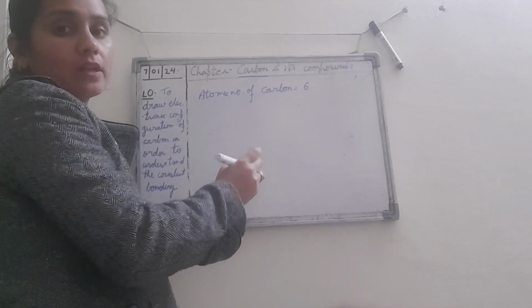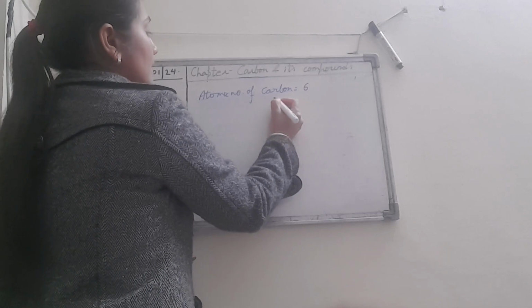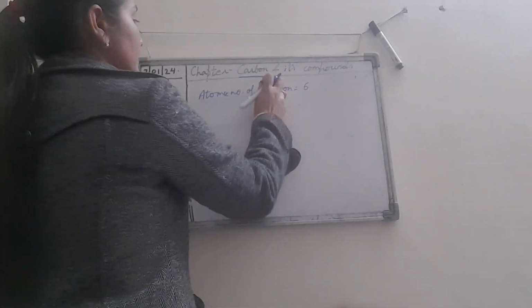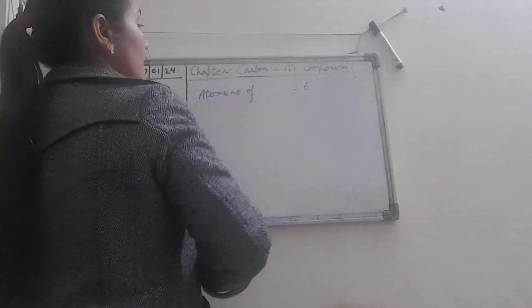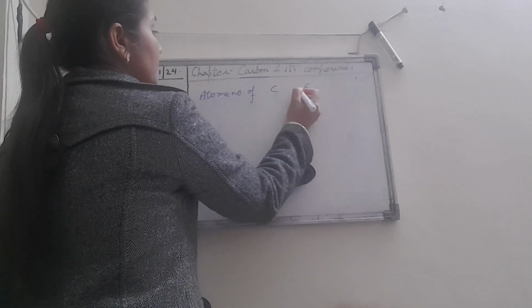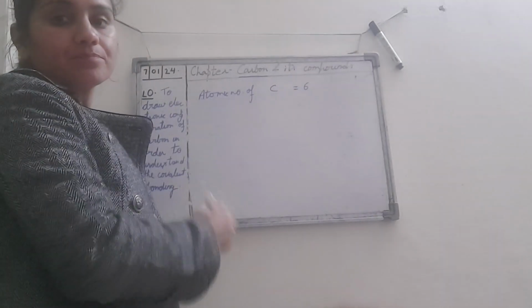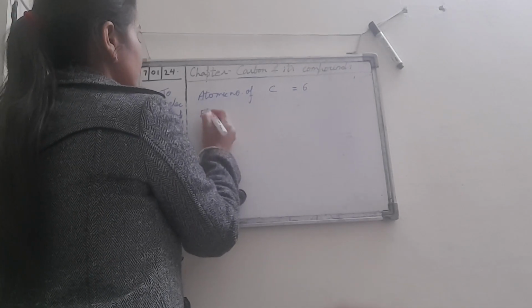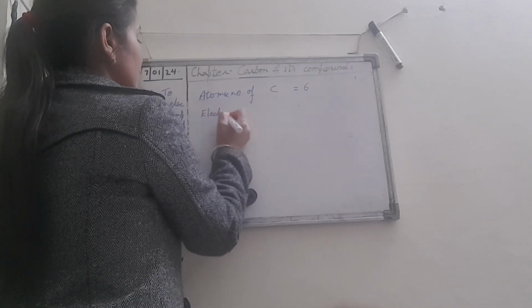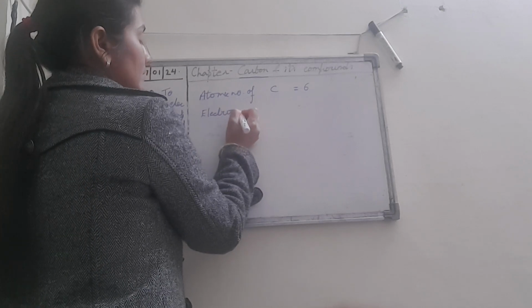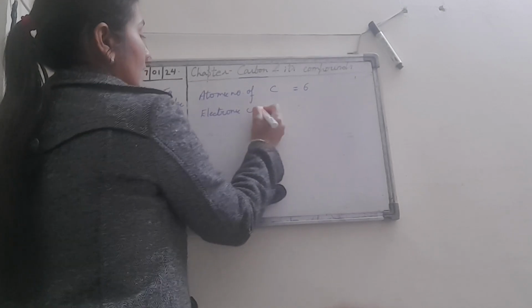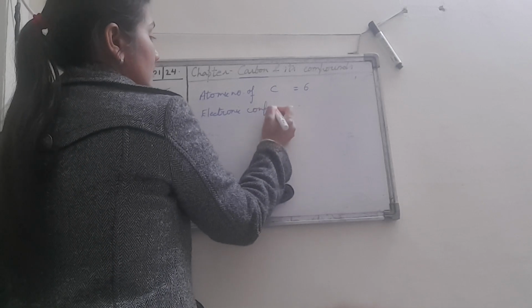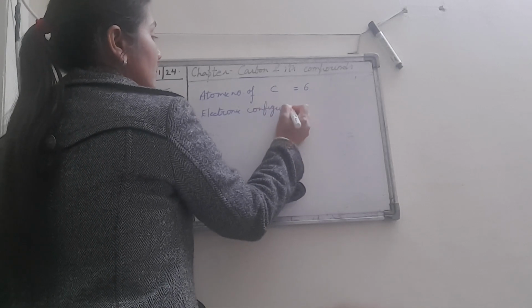And you know the symbol of carbon is C. Right? So atomic number of C is 6. Right? Now the electronic configuration of carbon.